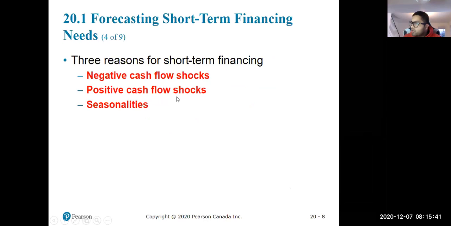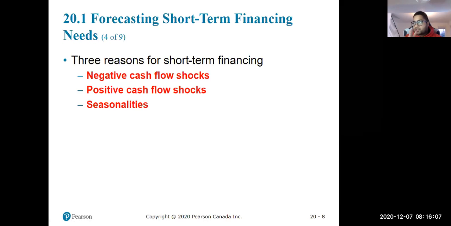Or it can be a positive cash flow shock. Positive cash flow shock means you had not anticipated it, but something positive happened. All of a sudden, your sales went up 50%, because everyone is staying at home and the vaccine comes out. You had not anticipated it and the sales shoot up. So that's a positive shock. So it can be a negative shock, something goes wrong.